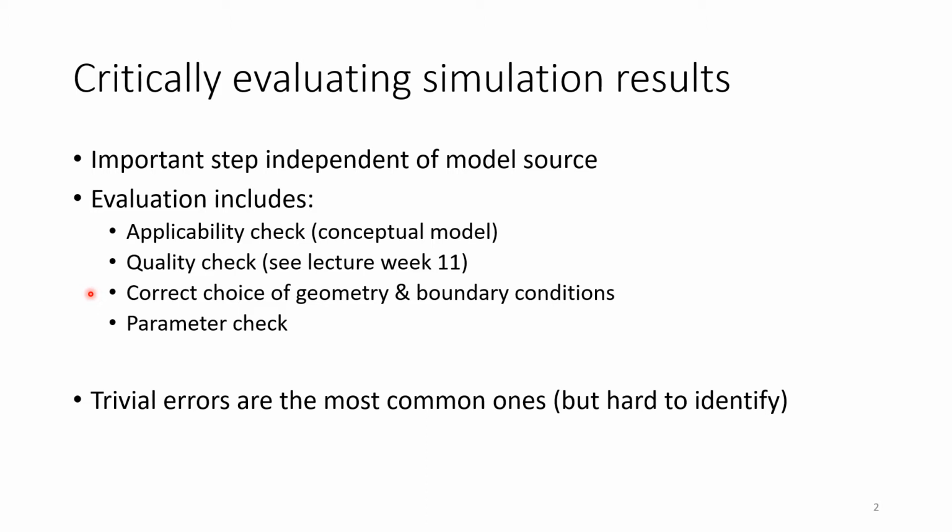Things like having a wrong parameter, forgetting a sign, not choosing boundary conditions correctly, or having the wrong choice of geometry influencing the simulation result. I will show you examples of this in this video. If it sounds a bit abstract right now, it will become clearer with the next couple of slides. It's about making mistakes and how to identify them.